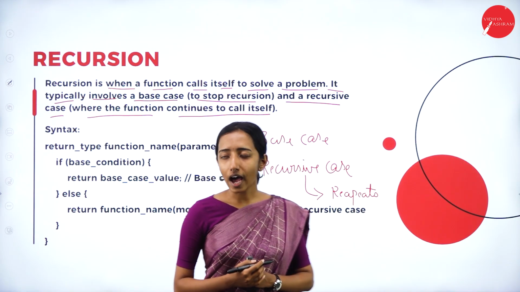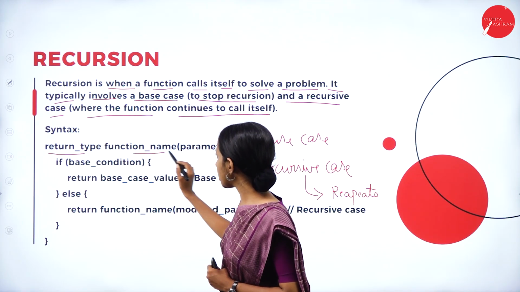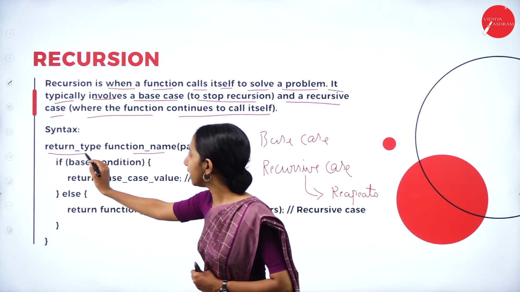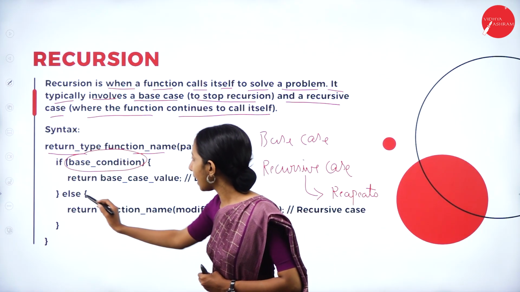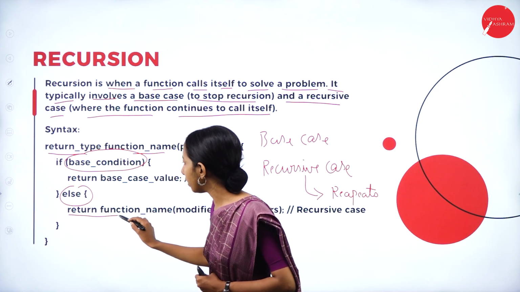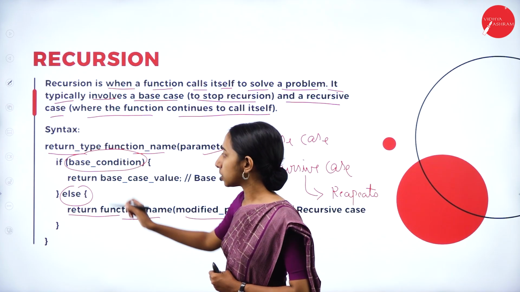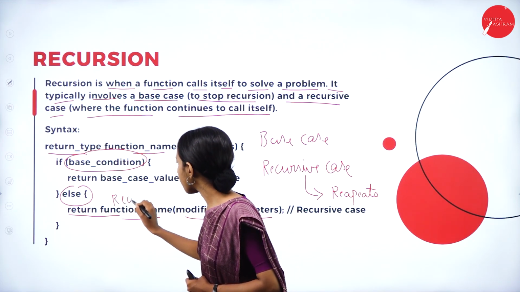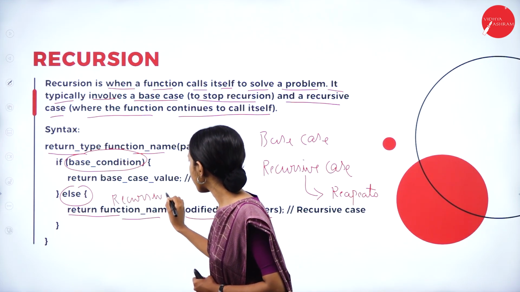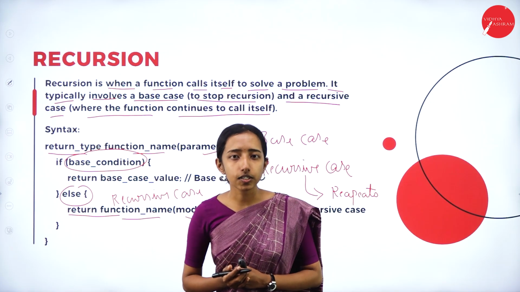Now we have a syntax where we can see the return type, the function name, the parameter, and here the base condition, that means the base case, and in the else part we have return, function name, modified parameters. So this is the base case and this is the recursive case. This is the syntax for recursion.